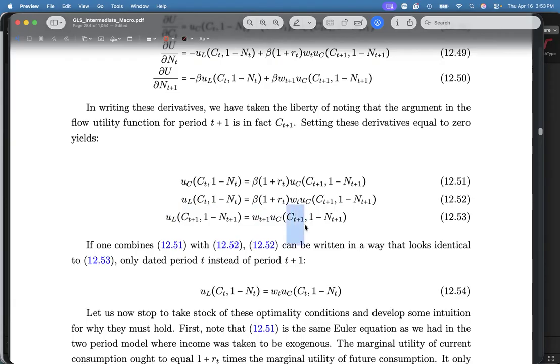It will change, it will go up. And what is the benefit of that consumption tomorrow? It's the marginal utility of consumption tomorrow. Right? So this is your classic issue: do I work or do I not work? If I work, then I lose out on leisure, but I gain more in consumption from the fact that I have more money. Does that make sense?